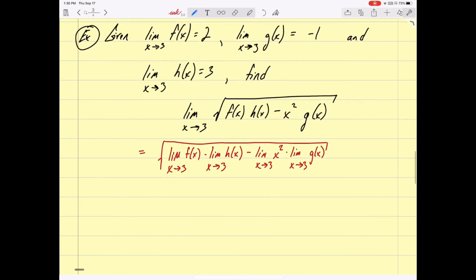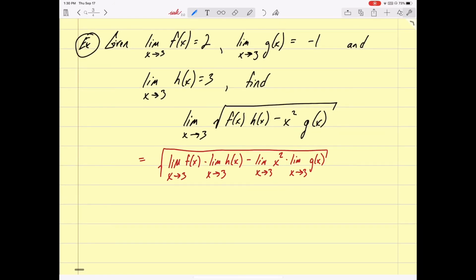I know it looks messy, but all we're doing is plugging in the defined values from above. So I'll have this square root. And then inside of the radical, the limit as x goes to 3 of f of x is defined right up here as 2. So this is really just 2.